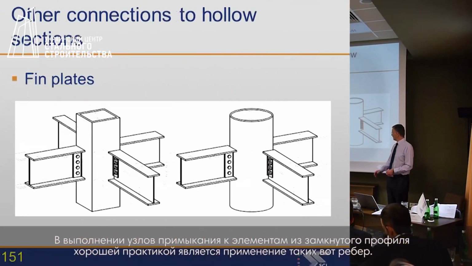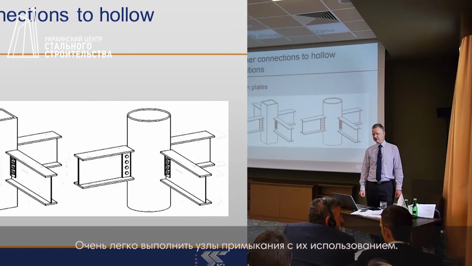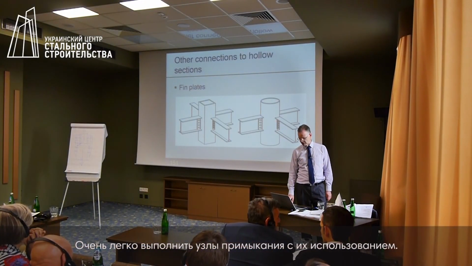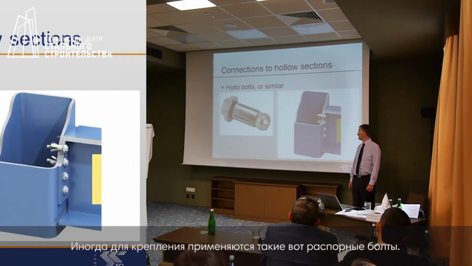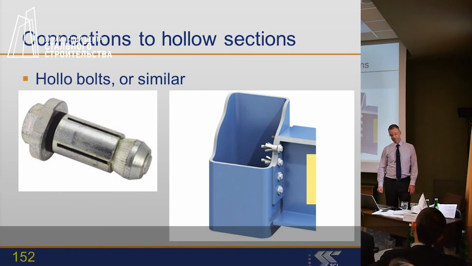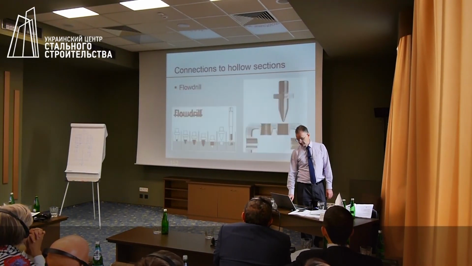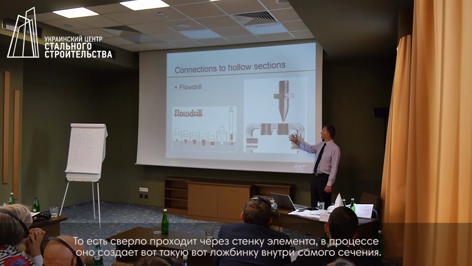How do you connect to hollow sections? Well, a fin plate would be a good idea. Very easy to use a fin plate to connect to square hollow sections or rectangular hollow sections. Sometimes people use these expanding anchors. A number of years ago, there was an idea that you could use flow drill.